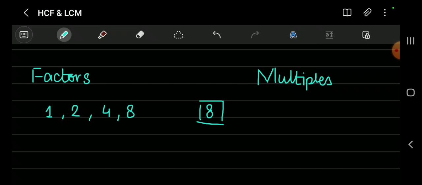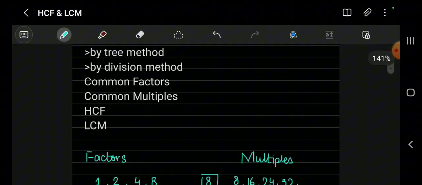So 8 is a multiple of itself, and 8 times 2 is 16, 8 times 3 is 24, 32 and so on. These all are multiples. So this is the basic concept. For more details you can check the previous video.